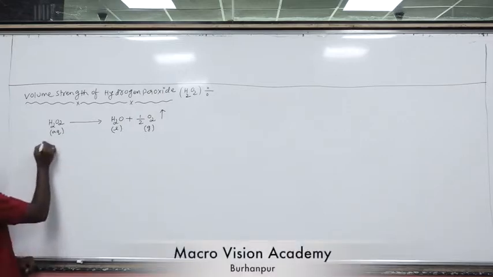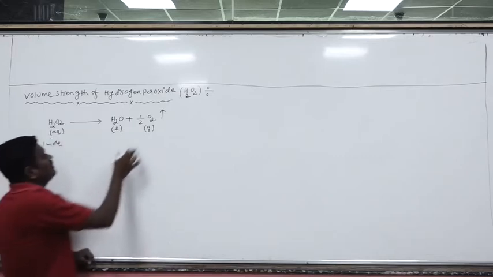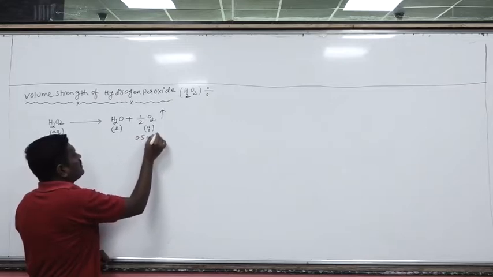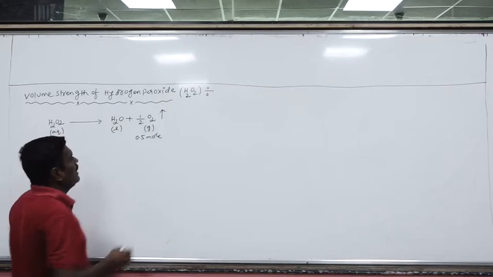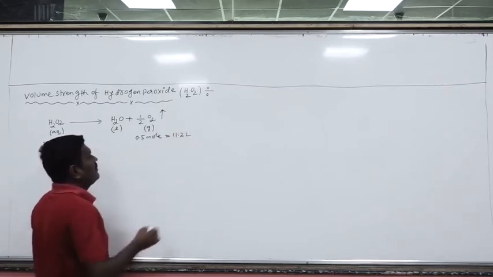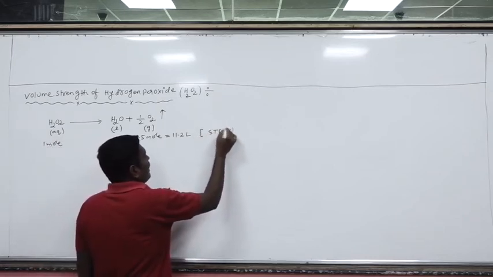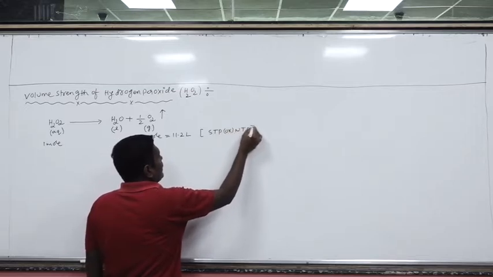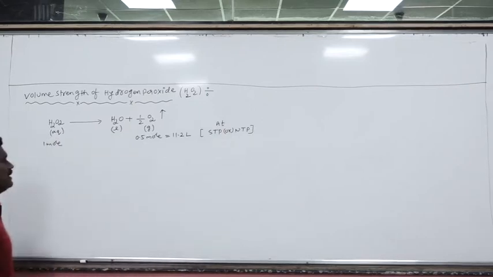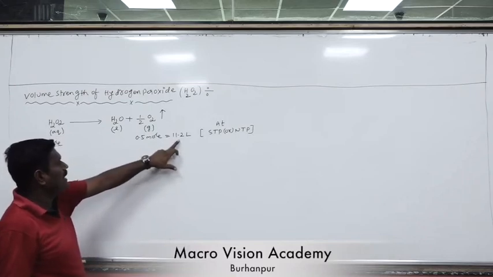Let's suppose I have 1 mole of hydrogen peroxide, which will decompose to give 0.5 moles O2, which is equal to 11.2 liters of volume at STP or NTP. At standard temperature and pressure, 0.5 moles of oxygen will occupy how much volume? 11.2 liters.